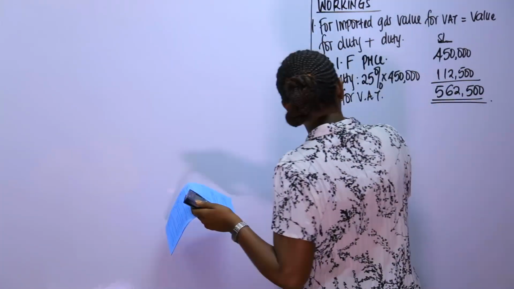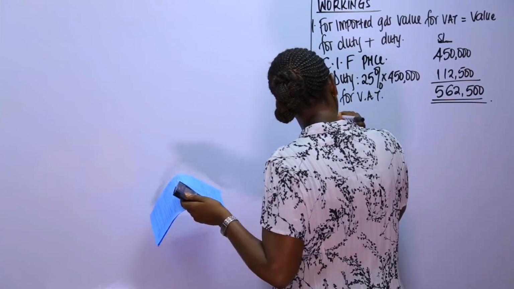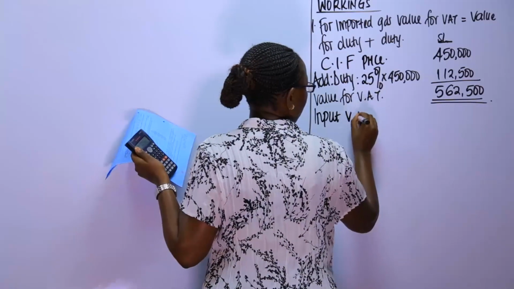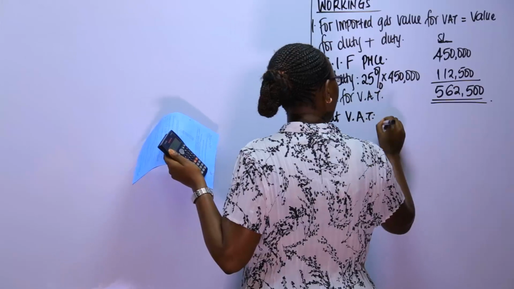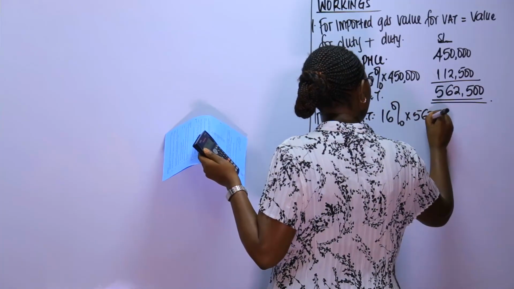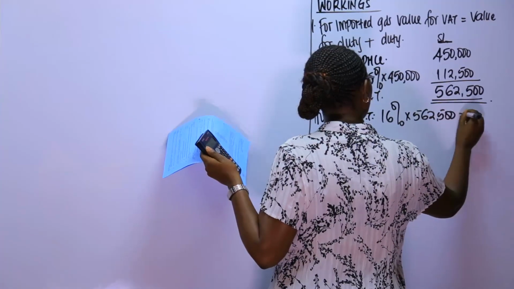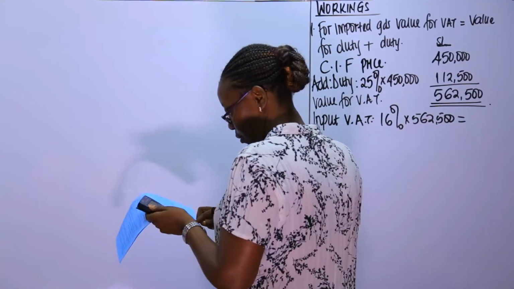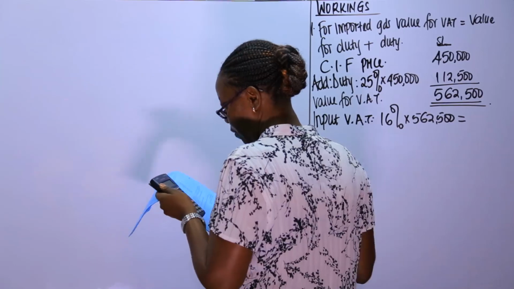So therefore, input VAT will be 16% of 562,500, which gives us 90,000.